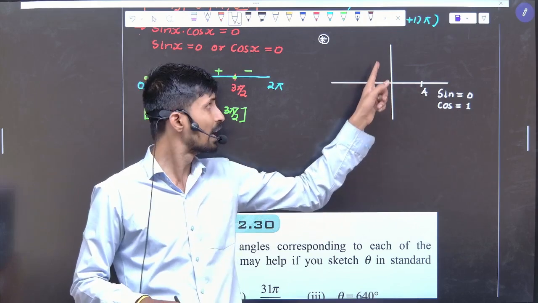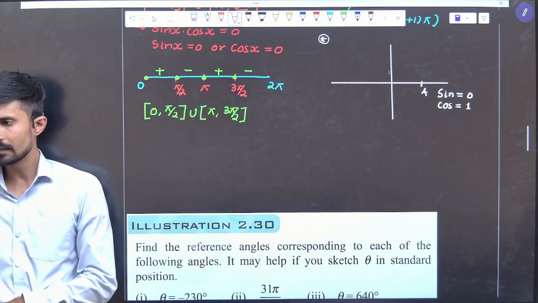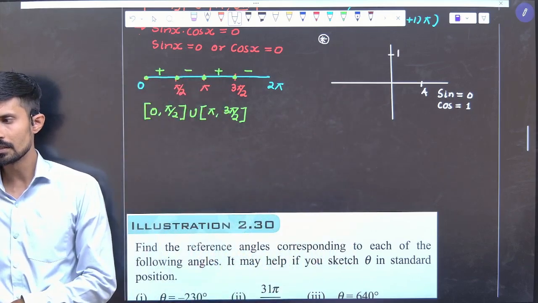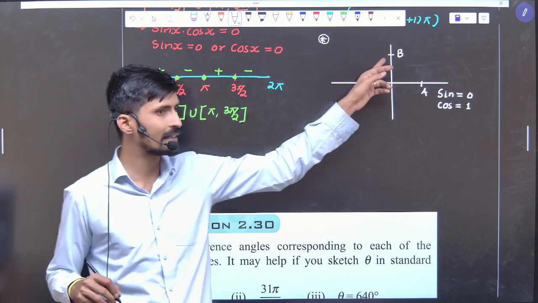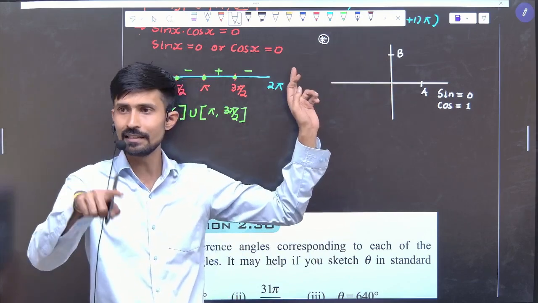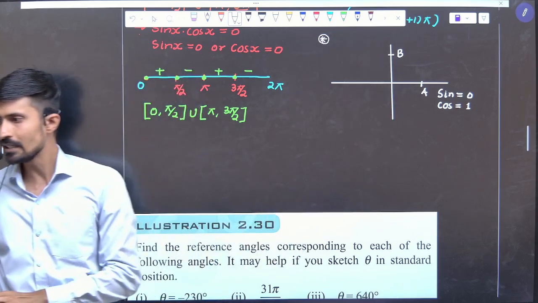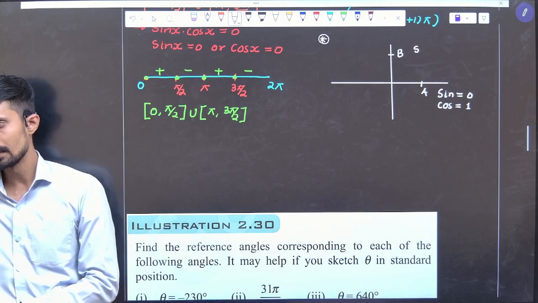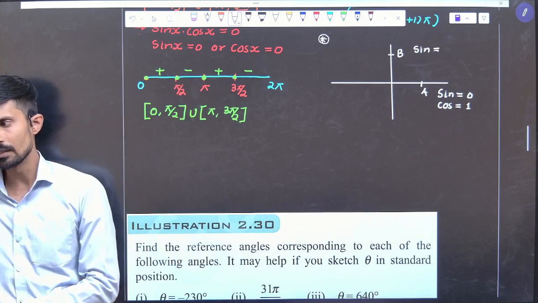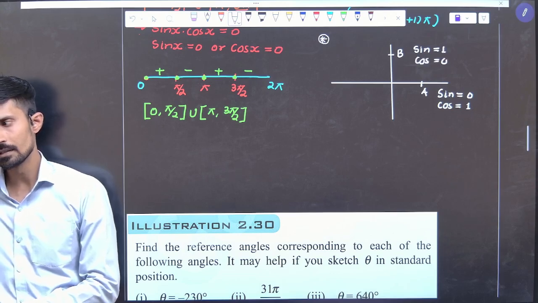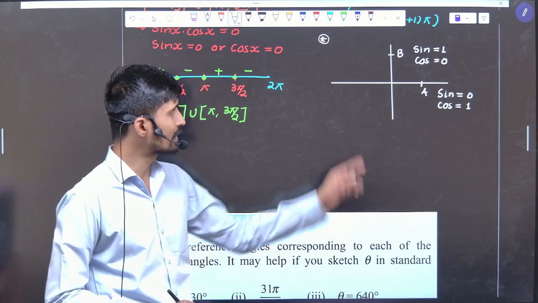Okay? And now over here, at position B, this is the position of 90 degrees. You know sin 90 is 1, cos 90 is 0. So here the sine value will be 1 and the cos value will be 0. Again here, point C.